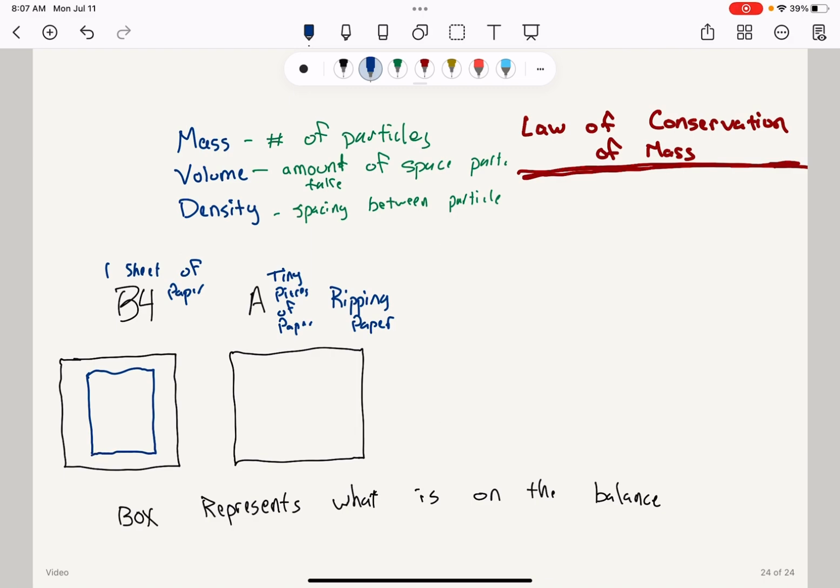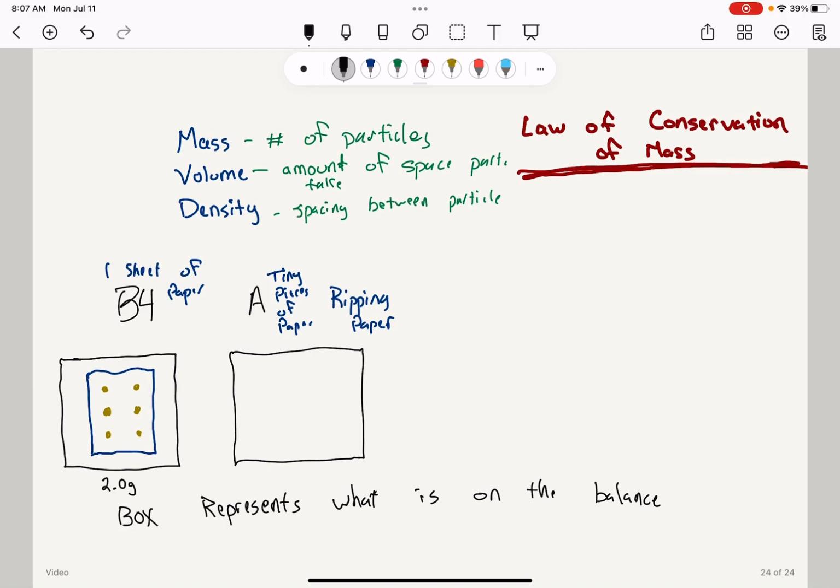And then what I need to do is show the particles that make up that paper, okay? It doesn't matter really what the particles look like, and it doesn't really matter how many particles I put in there either. But in this case here, I'm just going to say this piece of paper contains 6 particles. Now, let's imagine that this balance read 2.0 grams.